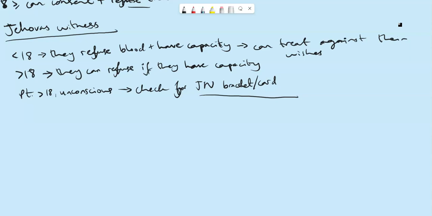Because if they die, and then it turns out they weren't a Jehovah's Witness, that's going to be difficult to defend in court. But if you get taken to court anyway, and there was no substantial evidence that they were a Jehovah's Witness, it'll be in your favor.